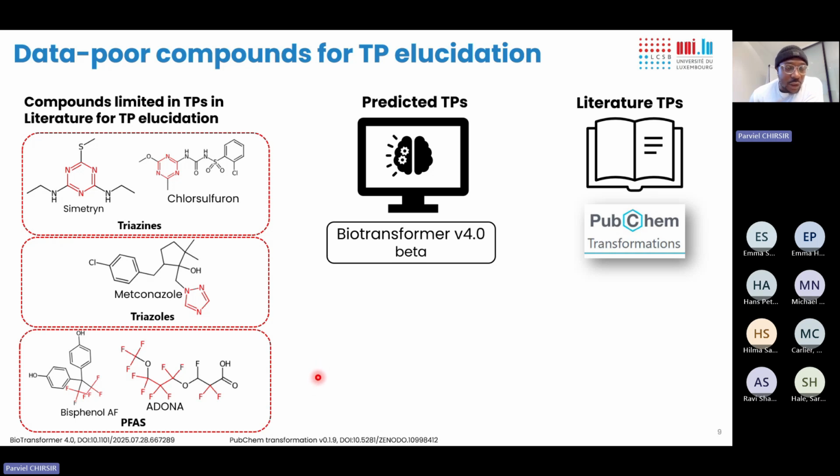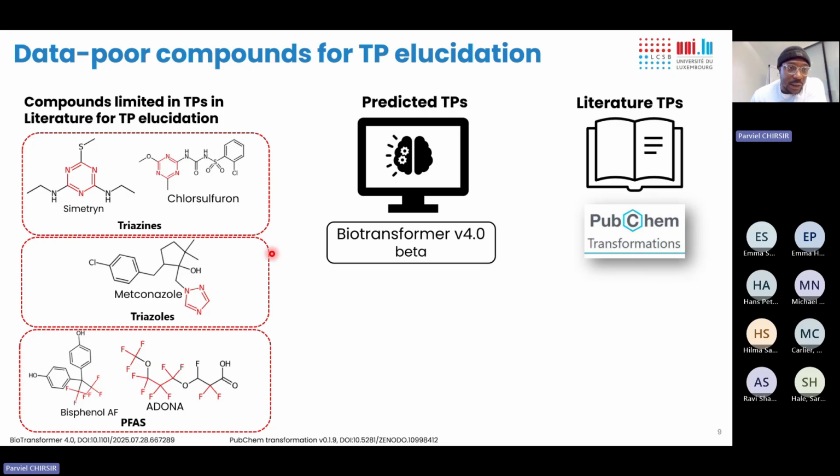And to perform suspect screening, I require a suspect list. And for this, I came up with 3 strategies to generate transformation product data to be used for suspect screening. The first is to use predicted TPs, or predicted transformation product data, using BioTransformer version 4.0. The second was to get transformation products from literature through PubChem Transformations.